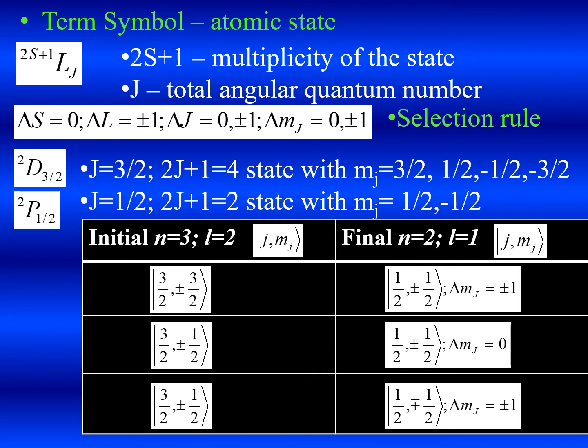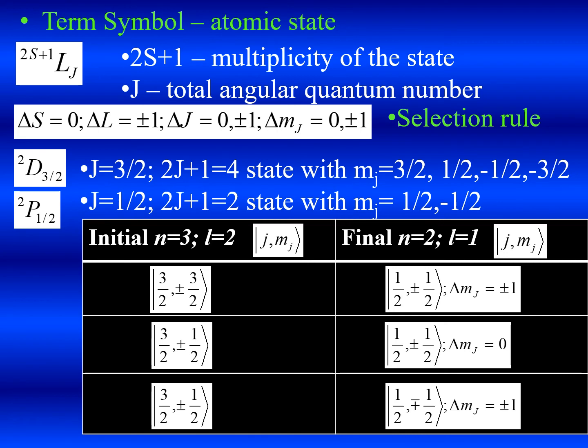Similarly, the next possibility is Mj plus or minus 1/2 to Mj plus or minus 1/2, in which case delta Mj is equal to 0. Another possibility is Mj equal to plus or minus 1/2 to Mj equal to minus or plus 1/2, in which case delta Mj is plus or minus 1.